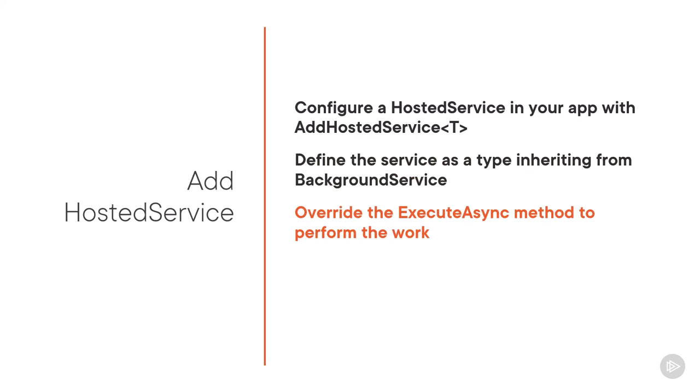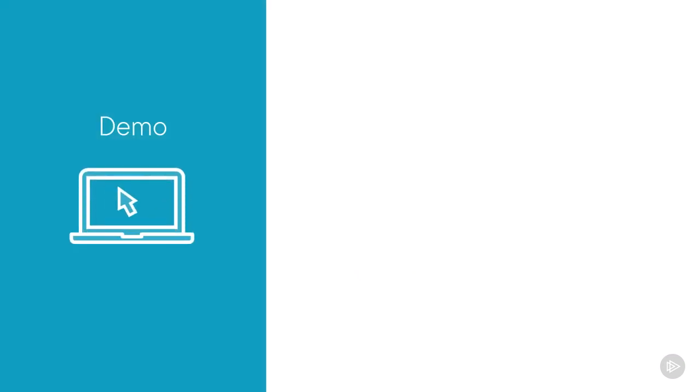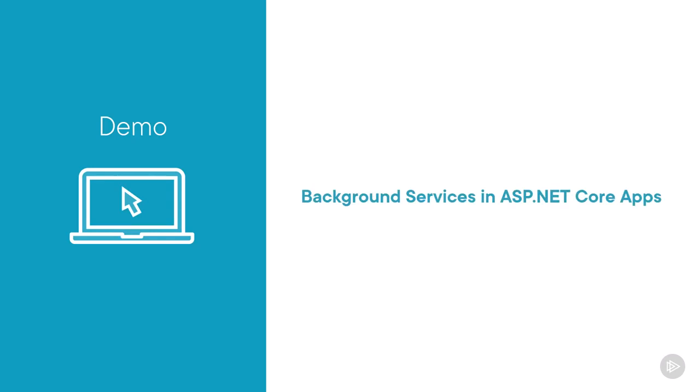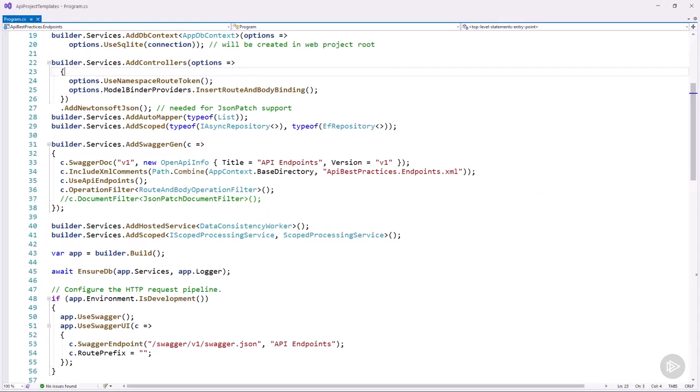Within ExecuteAsync, you should specify a delay which will control the execution frequency. That is, how often the work that you're performing inside ExecuteAsync is going to be called. Let's look at a quick demo showing how to set up and use background services in ASP.NET Core apps.